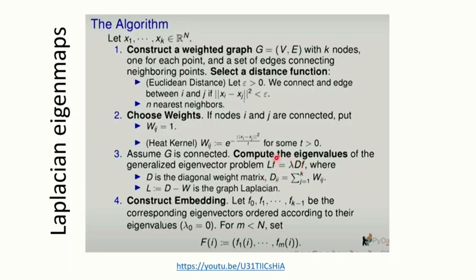What we need to get out of this eigenvector problem is F. So F contains eigenvectors, and those eigenvectors are the corresponding embedding you really need for this original data matrix, where you used that to construct a graph. Then through this procedure, you get the embedding.